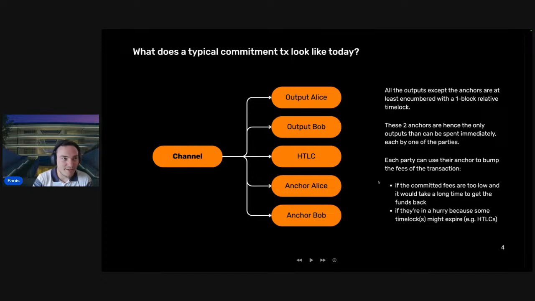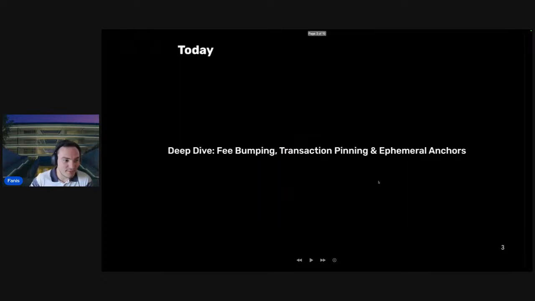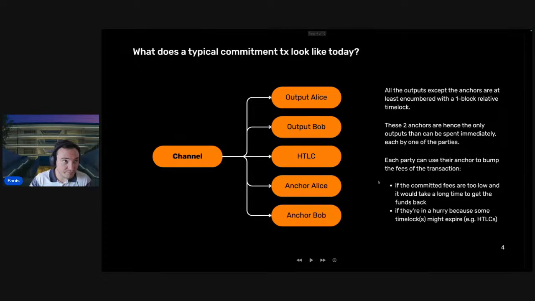Welcome. Today we're going to talk about how you can fee bump a Lightning channel closing transaction, and it's linked to a recent Bitcoin Core release, namely 29.0, which was released, I think, last week. So what does a typical commitment transaction look like today?